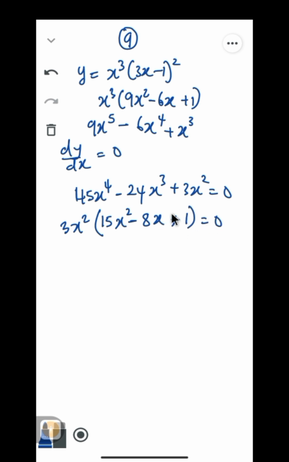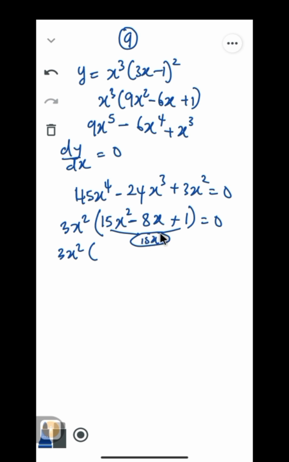We can go ahead now to factorize this further. We have 3x squared, so I'm looking at a quadratic expression inside of this bracket, and to factorize it, remember this kind of problem you have to multiply the first number by the last number, and we have 15x squared.